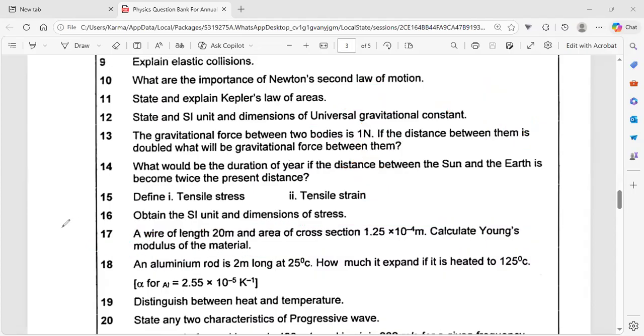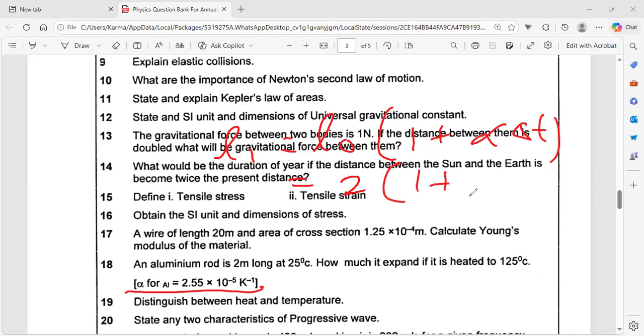The aluminum is 2 meters long at 25 degrees centigrade. How much does it expand at 125 degrees centigrade? It's the coefficient of linear expansion. L1 is equal to L0 into 1 plus alpha delta T. L0 is how much? 2 meters. Alpha is going to be 2.55 into 10 to the minus 5.